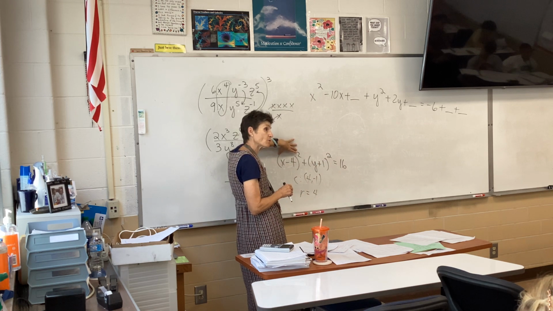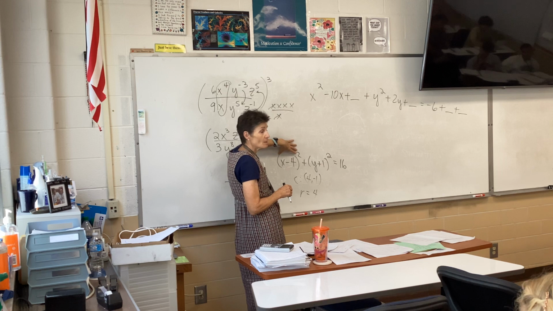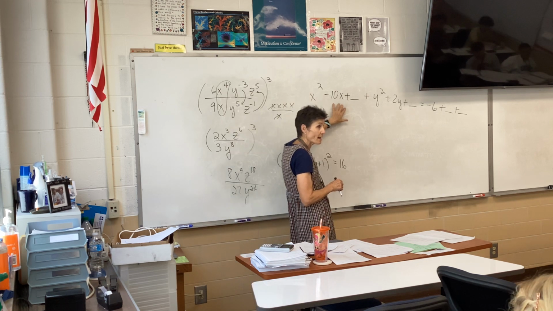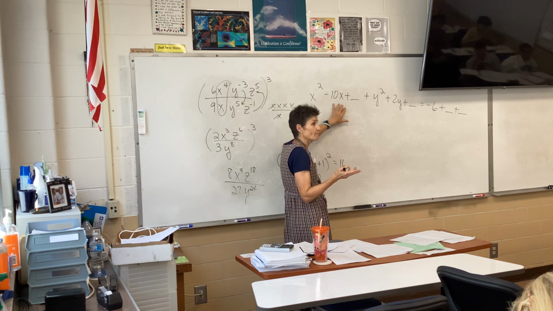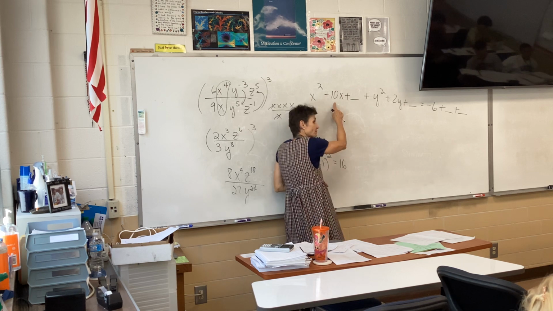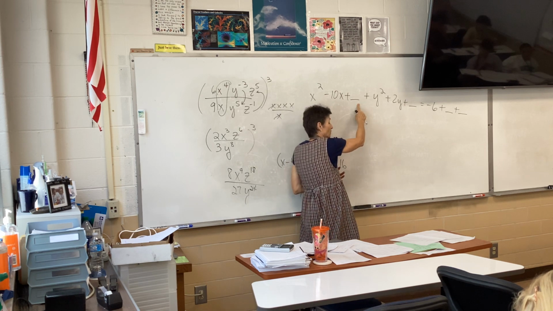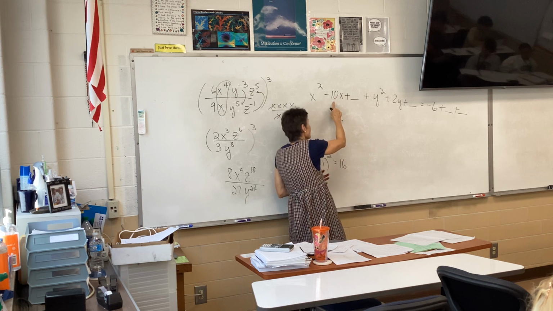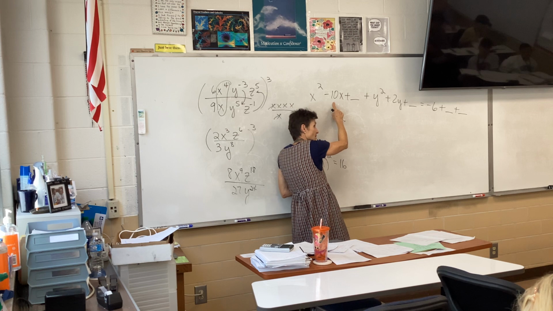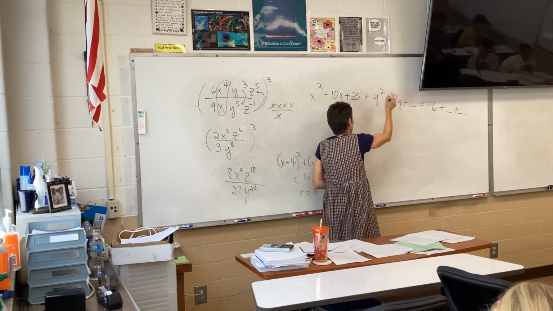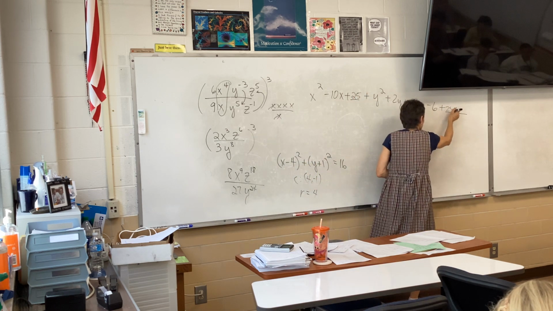These are squared quantities, so I'm going to complete the square to make a square. So that's why I grouped my x's together and left them blank. Half of 10 is 5, squared is 25. Don't forget, it's got to go on the other side too.